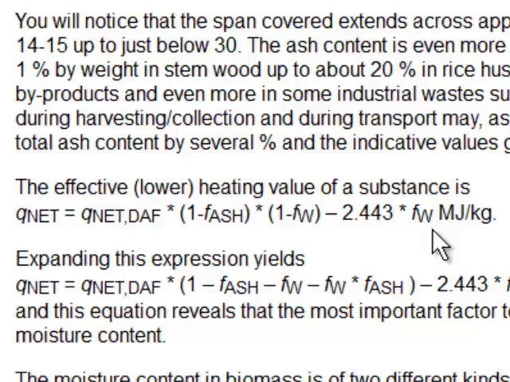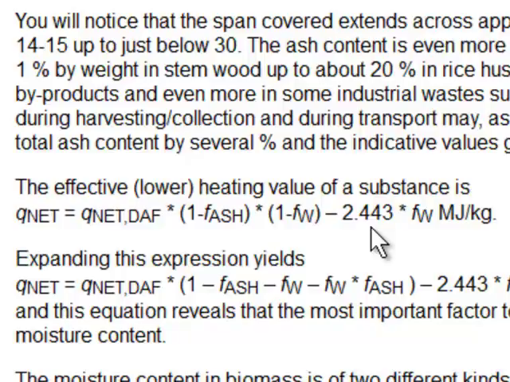First it comes in the first term, where the amount of dry material is determined by this parenthesis. And then it comes in a second time, multiplied by 2.4 and subtracted from the first value. So you will realize that the water content is of huge importance for the heating value of the fuel.